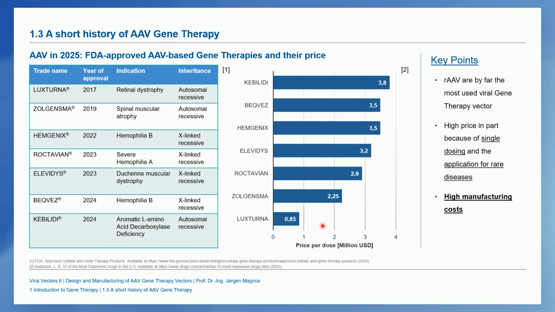Some of them in the recent years also target X-linked diseases that affect predominantly men. These are hemophilia A and B, and also Duchenne's muscular dystrophy, which is a very severe disease that also leads to an early death of the patient, same as the spinal muscular atrophy with Zolgensma in 2019, which was sort of the second success in gene therapy after LUXTURNA.